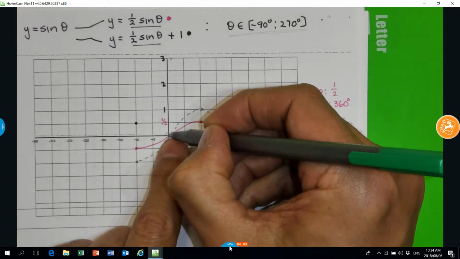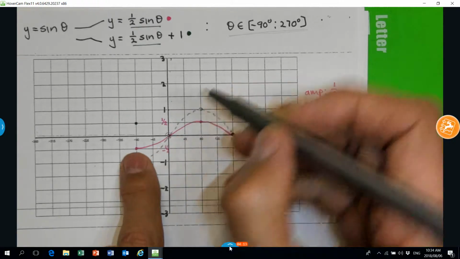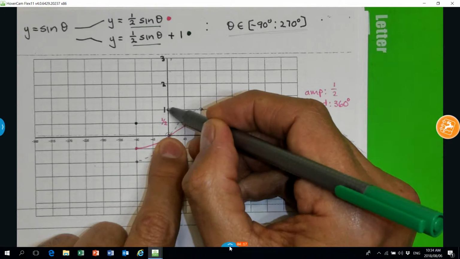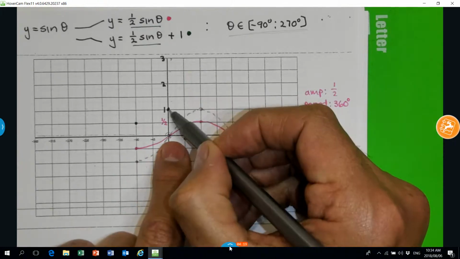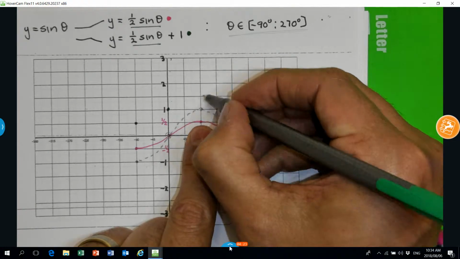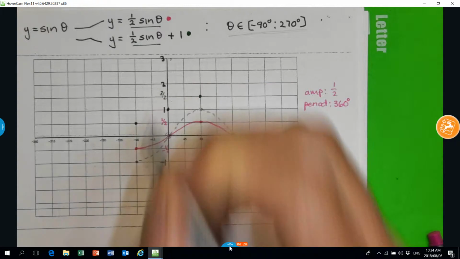This y value of 0 would then go up 1, remember I'm adding 1, so it goes up 1 to cut the y-axis at 1. This point lies at 1. If I move it up 1, it would lie at 1.5. So this is 3 over 2.